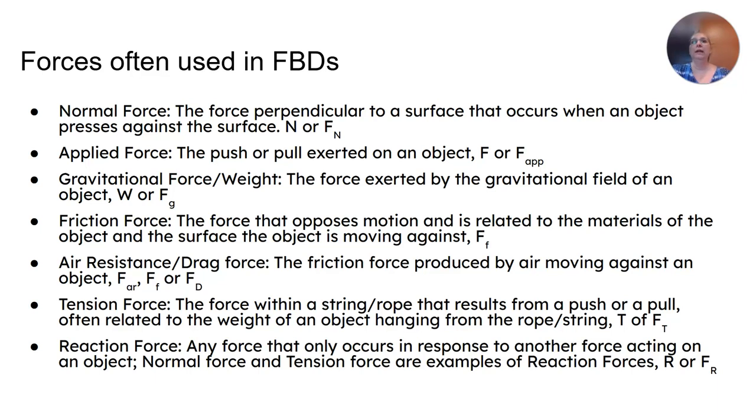So if you are pulling something with a rope, or you are pushing against it with your hands, that would be an applied force. We also have looked at the gravitational force, or the weight of the object. This is the force exerted by the gravitational field on an object. So we're going to represent that with either a W for weight or Fg for gravitational force.